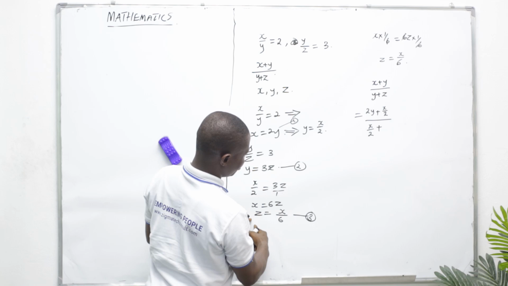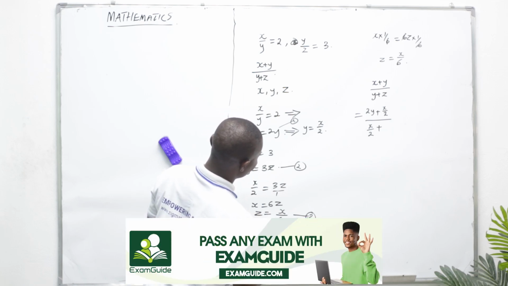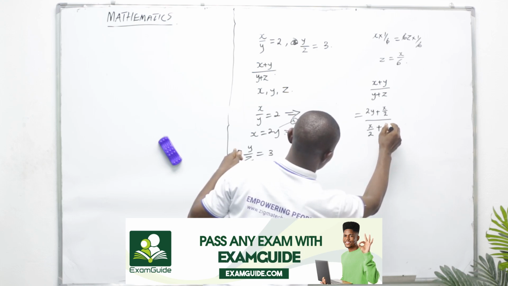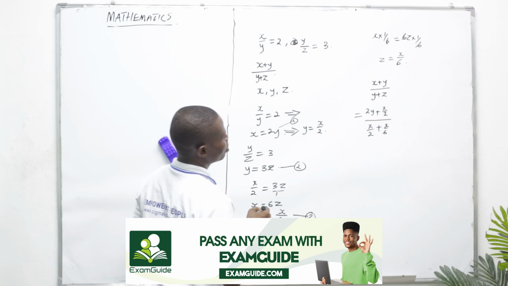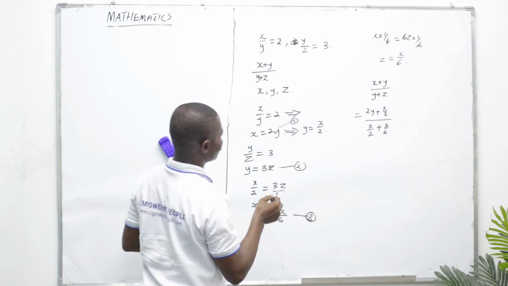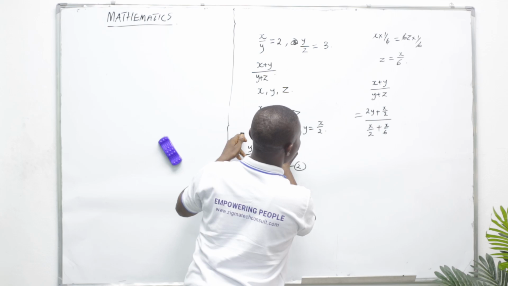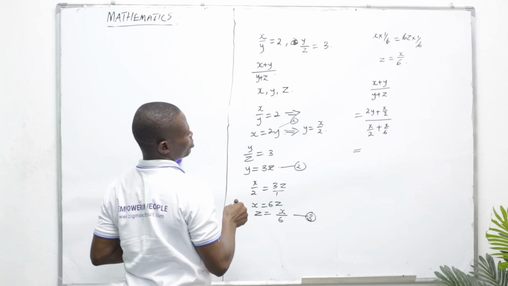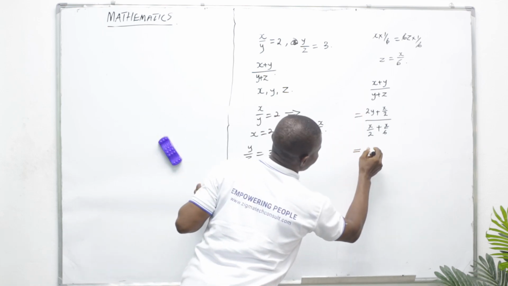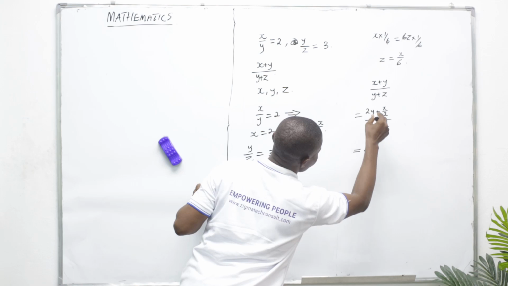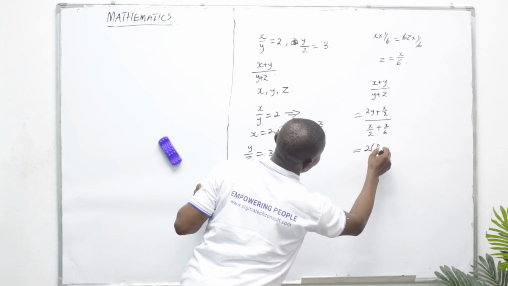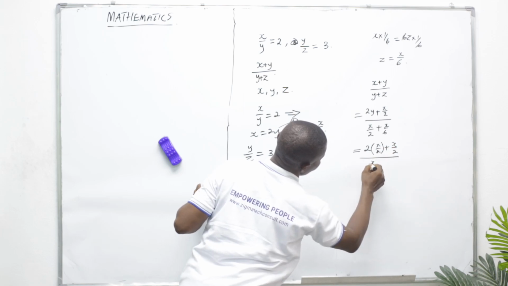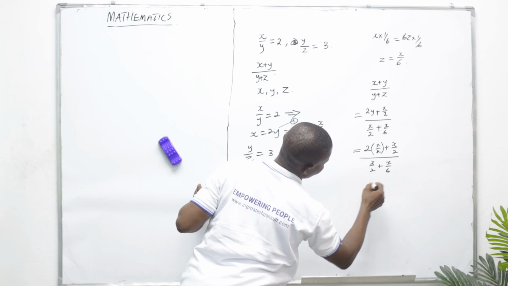Then here, z is x all over 6. Look, you have to make this to be uniform, so that we're going to have 2y. What is y? x all over 2 plus x all over 2, x over 2 plus x all over 6.